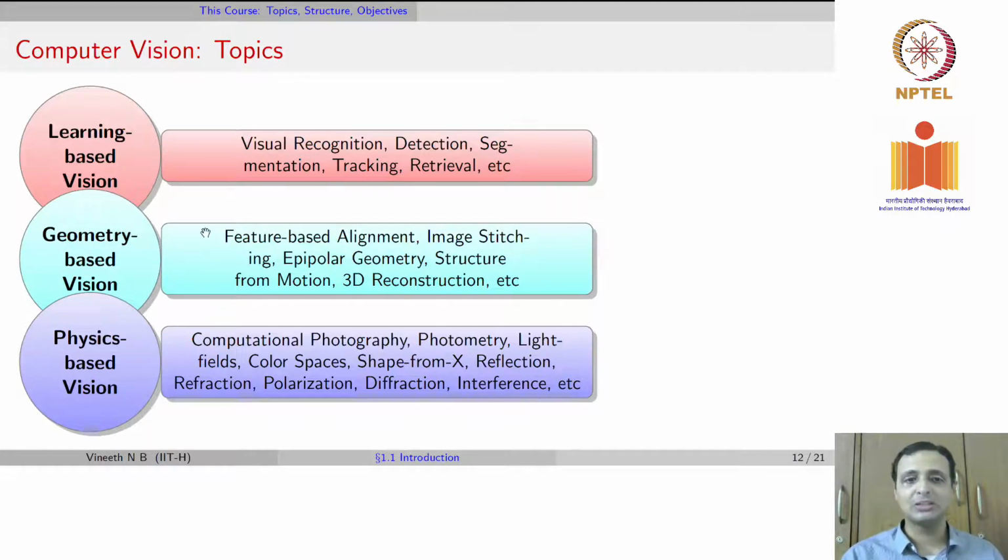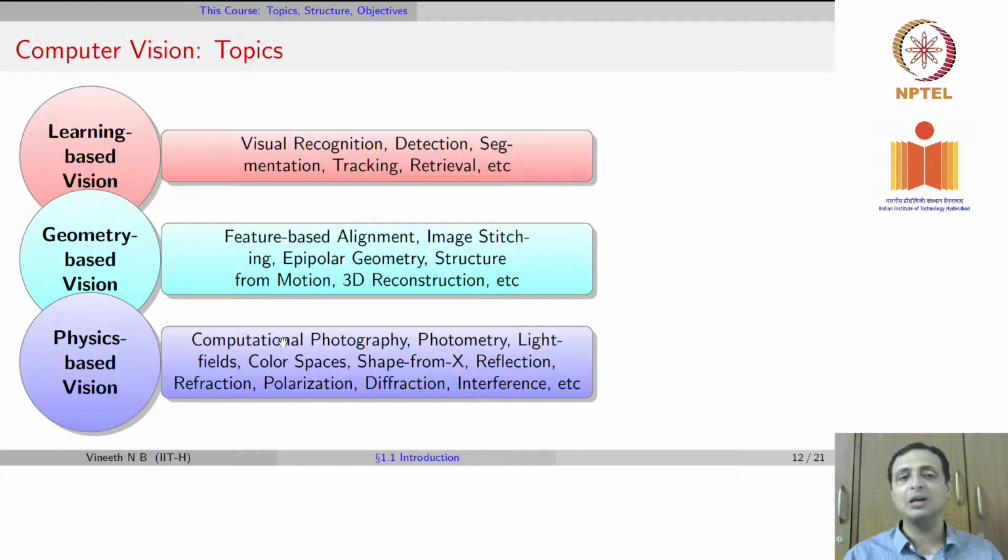Then there is geometry-based vision, where you talk about feature-based alignment, image stitching, such as the panorama that you see on your cell phone, epipolar geometry, structure from motion, 3D reconstruction, so on and so forth. Typically, you study that as part of geometry-based vision. And finally, there's physics-based vision, where you talk about computational photography, photometry, light fields, color spaces, shape from X, where X could be shading or structure or any other topic, reflection, refraction, polarization, diffraction, interference, so on and so forth.